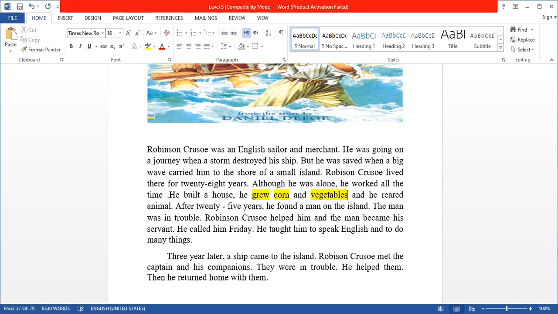And he reared animals. Reared here means the past tense of rear. To rear here means what?